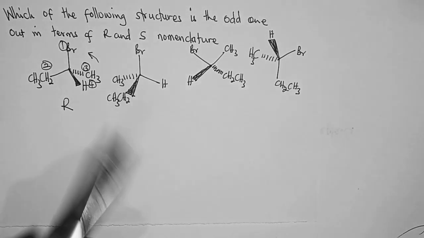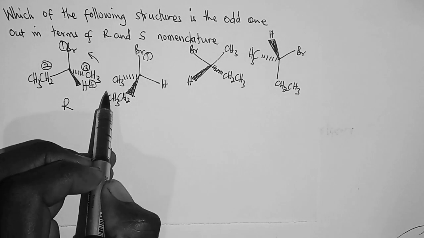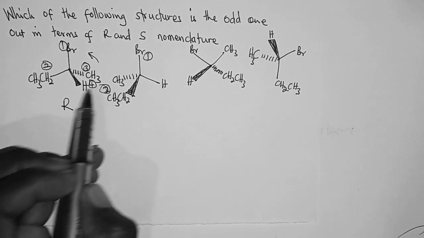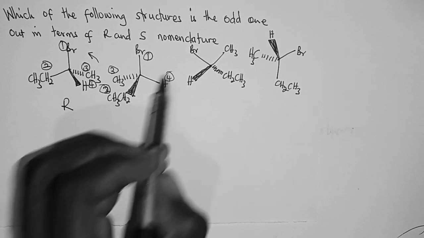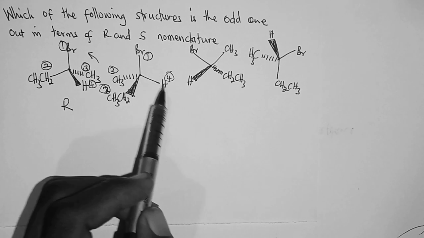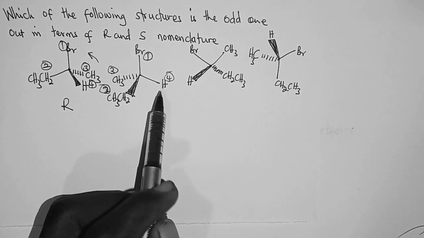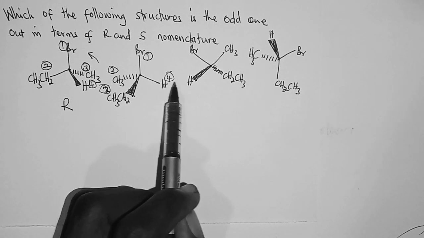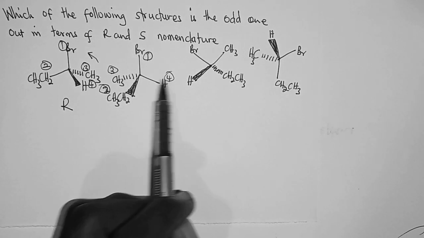If you come to this side, the bromine is number 1. Then the ethyl is number 2. Then the methyl is number 3. And then the proton is number 4. However, the proton is neither pointing towards us nor pointing away from us. The rule says that we should swap the one that is pointing away from us with the least group.